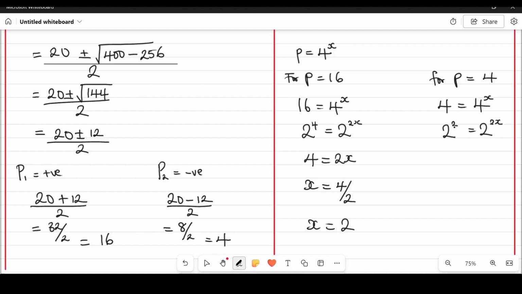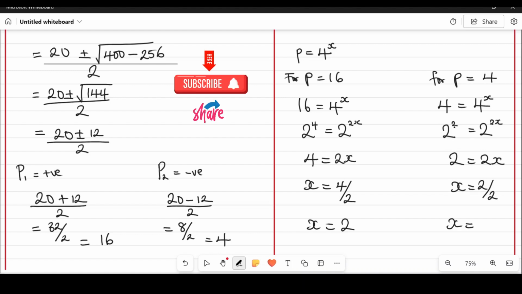Also, since we have the same base, we equate their power. So we have 2 equal to 2x. So x will be equal to 2 divided by 2. Our x is equal to 1. So therefore, the values of x for our equation are 1 and 2.